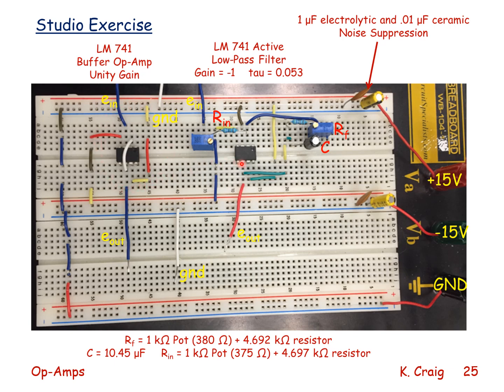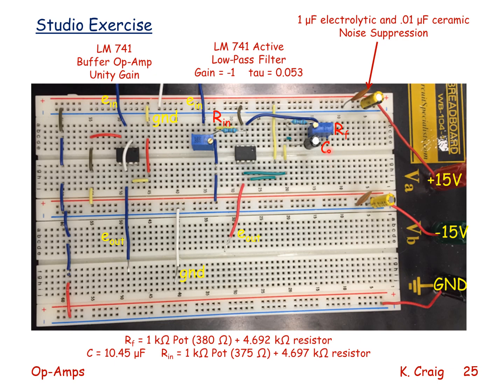Here is my active low-pass filter with the 741 op-amp, with my input resistance made up of a fixed resistor and a potentiometer, as I show here. The feedback resistance is made up of a fixed resistor and a potentiometer, as I show here.